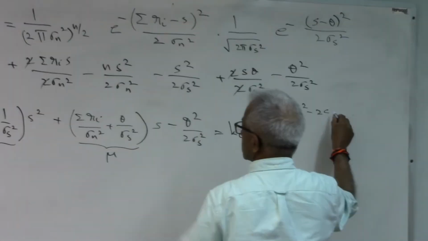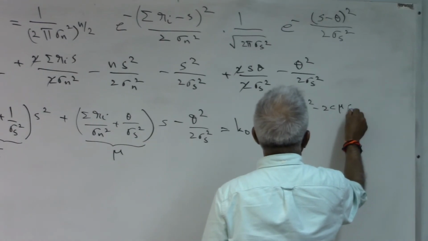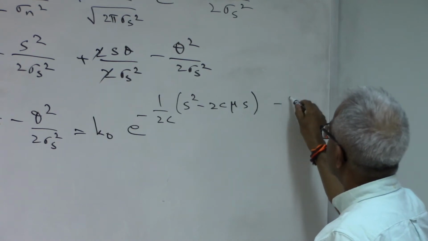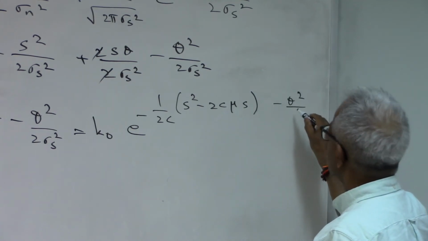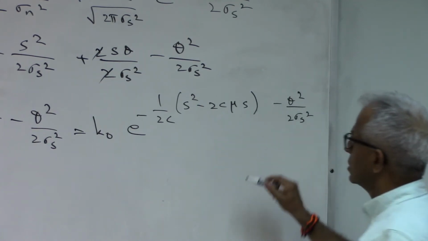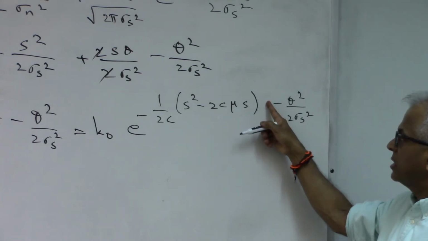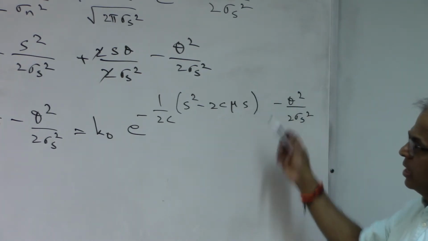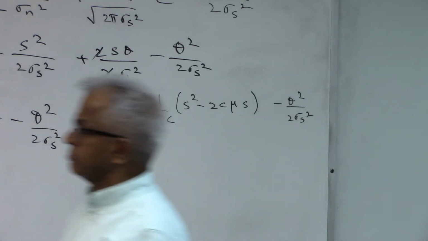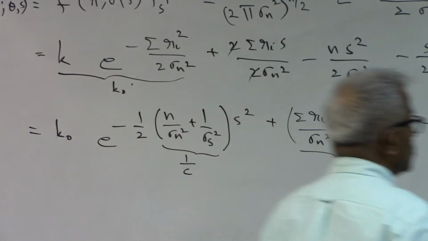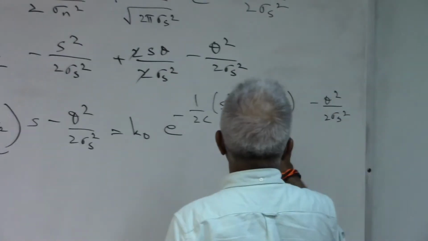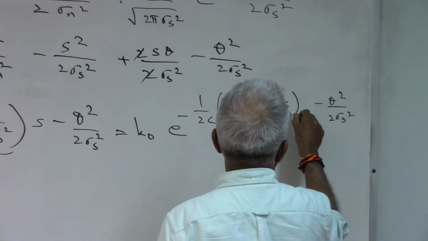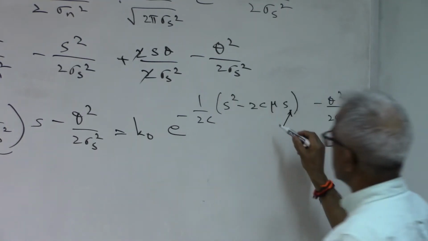I can write this as minus 2C mu S, minus theta squared over 2 sigma s squared. See, if I add and subtract a constant here, what should I add to complete the square?